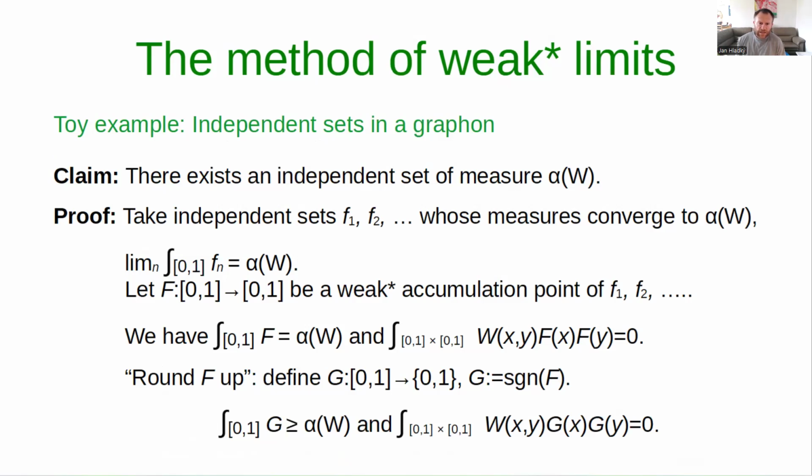And since g is greater or equal to f everywhere, the integral of g over the unit interval is at least alpha of W. We do know that it can't be strictly greater than that, so it must be equal to alpha of W. Okay, so now what we do have is g is an independent set. So the support of g is indeed an independent set.